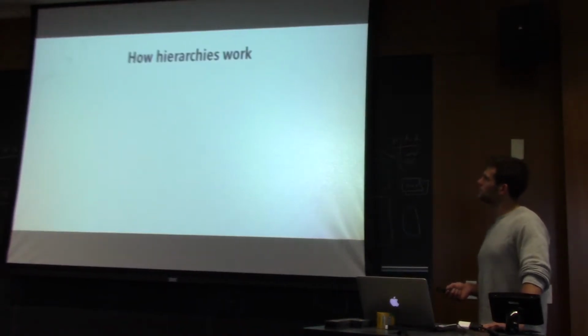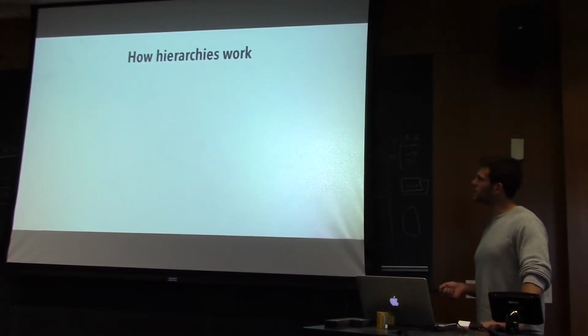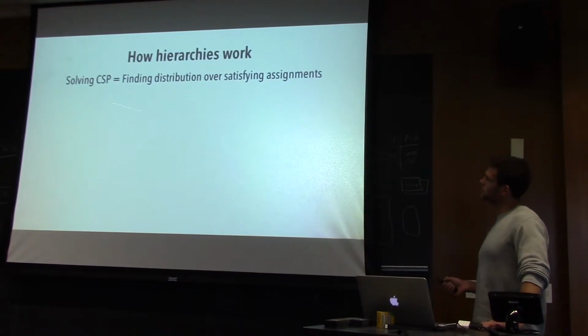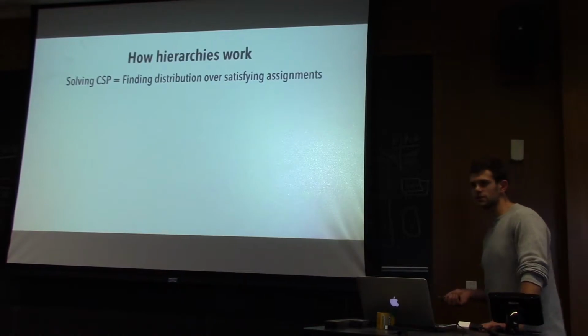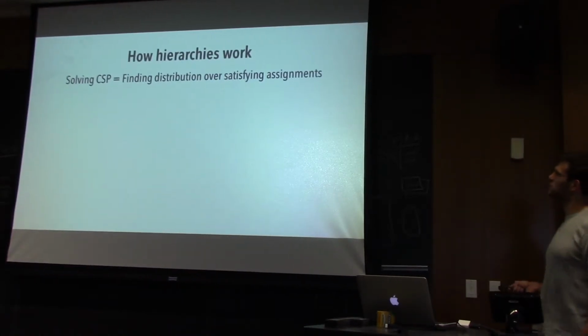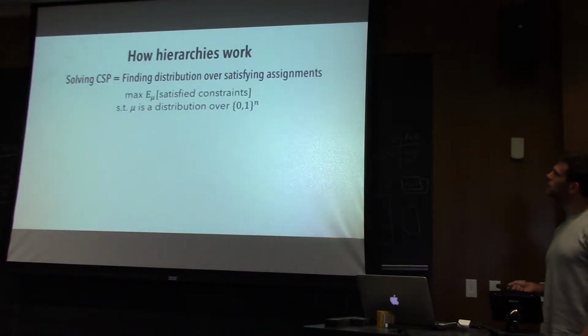So what's up with all these hierarchies? Say you want to solve a CSP, and if you had something that would give you a distribution over satisfying assignments, that would do it for you. You would just pick your CSP, find some distribution over satisfying assignments, and draw from it, and you'd be set.